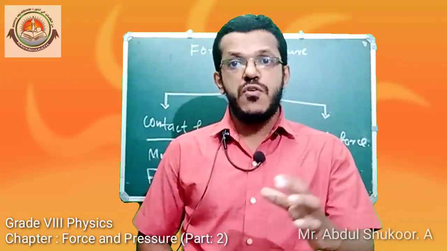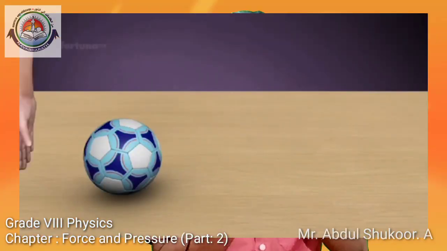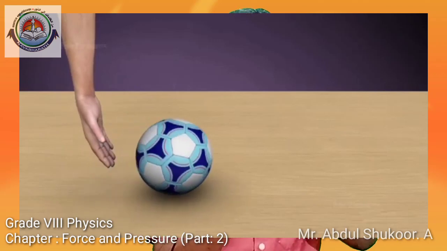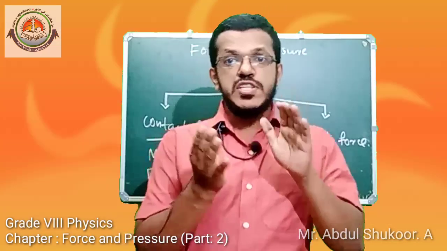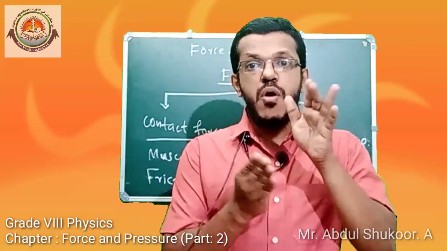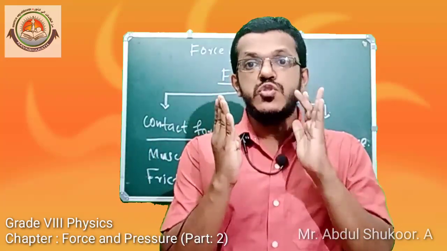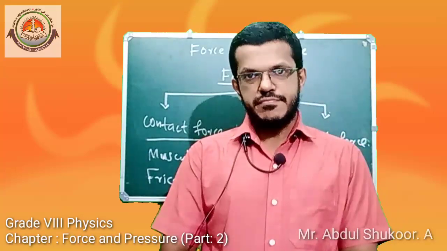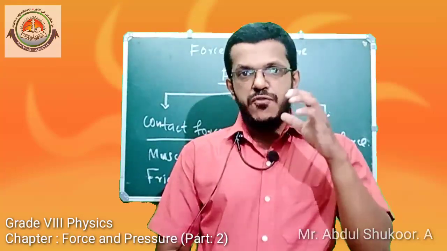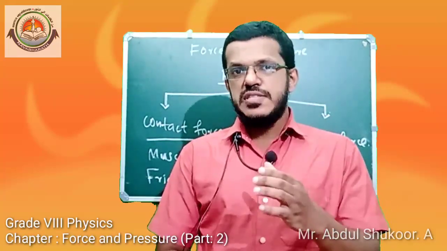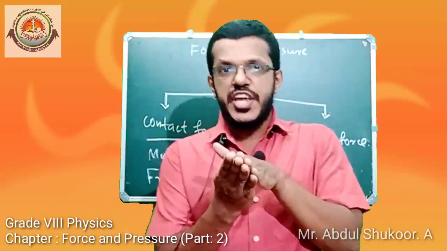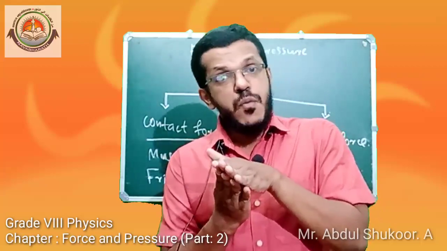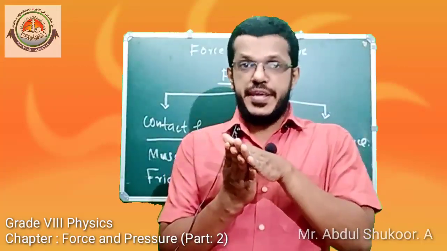It is the force of friction between the surface of the ball and the ground that brings the ball to rest. Similarly, friction between the water and the boat brings it to a stop when you stop rowing. That means the force of friction is the force acting between the surfaces of bodies when a body moves relative to another body.